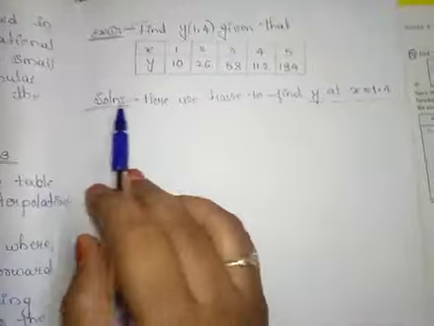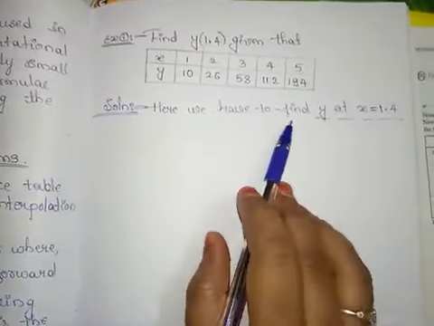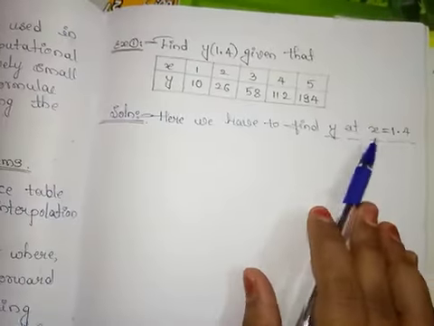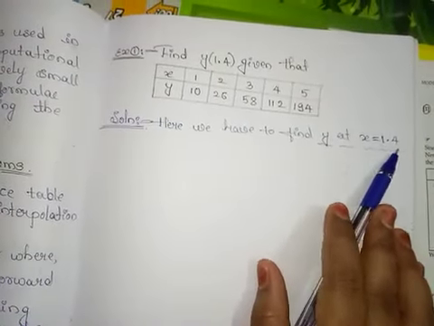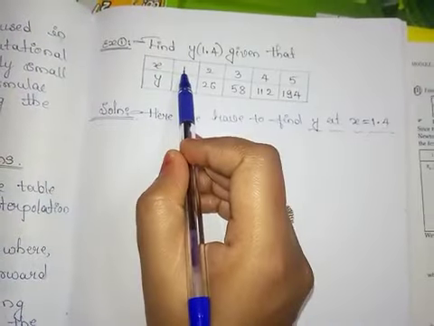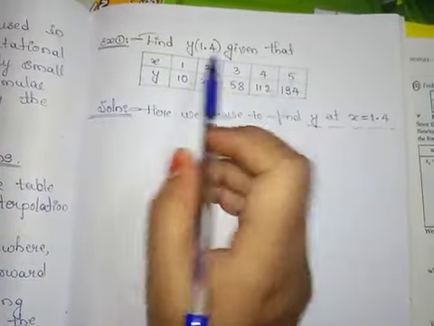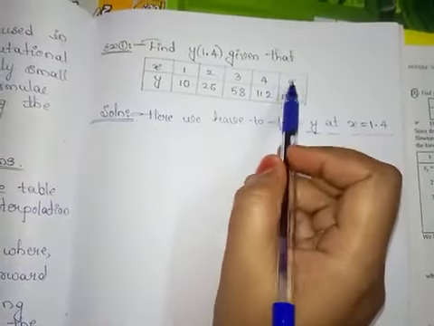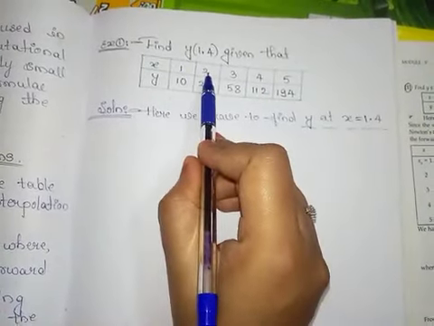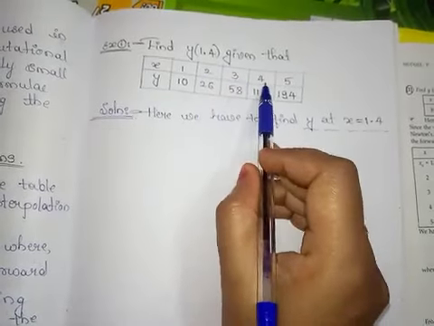Now the solution. Here we have to find the value of y at x equal to 1.4. These are the x values: the first value is x naught and the last value is xn. Here this is x naught, x1, x2, x3 and x4.